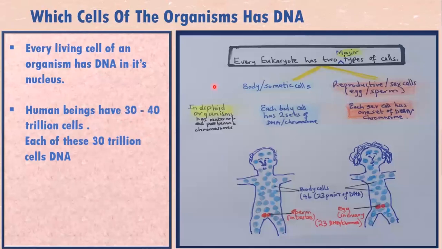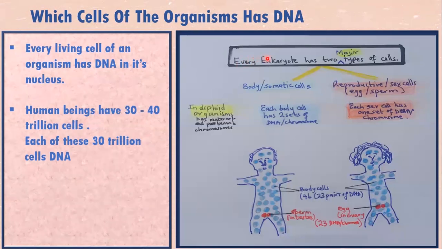So we come to look at human beings, which are eukaryotes, and we talk about eukaryotes and prokaryotes in our lesson on bacteria, and check on our lessons also on viruses. We explain what eukaryotes and prokaryotes are in those lessons.